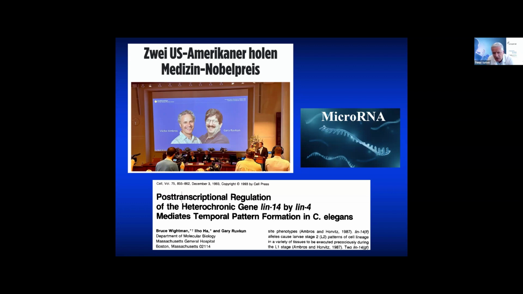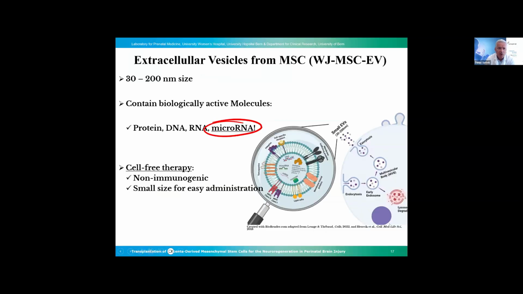But they actually found the principle of post-transcriptional regulation by microRNA molecules. So microRNA is also the focus in our approach with the extracellular vesicles. The vesicles are kind of a vector to transport these microRNAs.